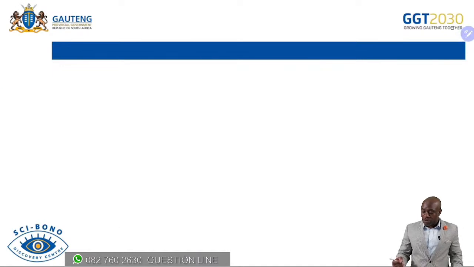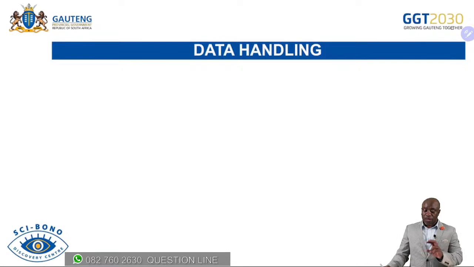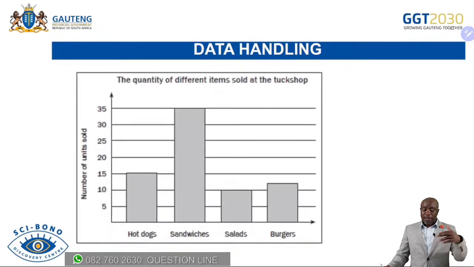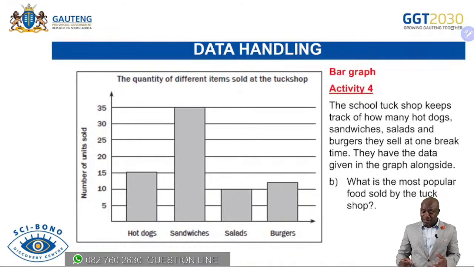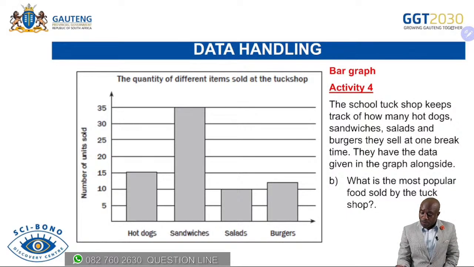Now, the next question that will come up, because like we said, the graphs show us the pictorial view, the picture about the data. It gives us a view that is clear, because most of us don't like reading. We want to see things. Now, the second question is, what is the most popular food sold by the tuck shop?